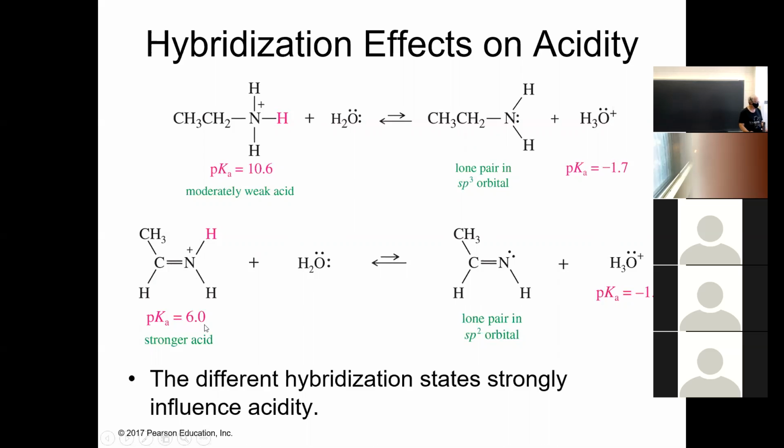It has a smaller pKa. In this case, the lone pair is in an sp2 orbital. So this is a trigonal planar arrangement. We have 3 electron-rich groups, so they're approximately 120 degrees apart. Here we have 4 electron-rich groups, approximately 109 degrees apart.